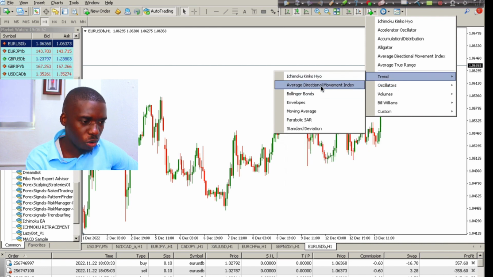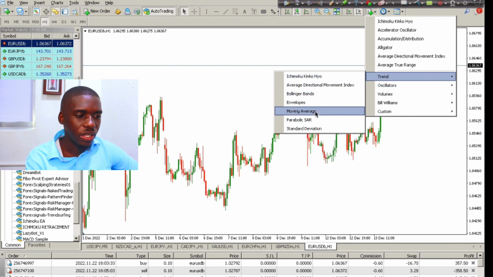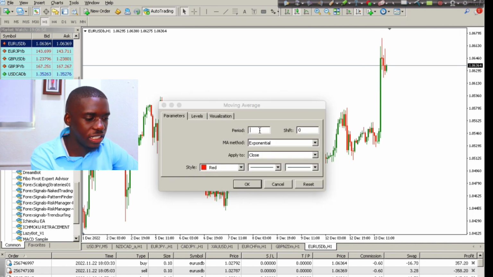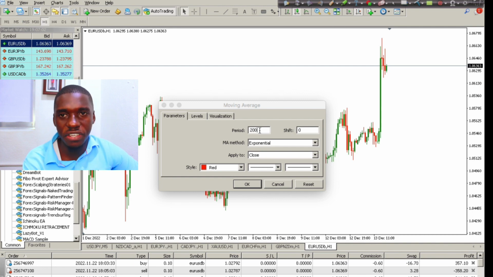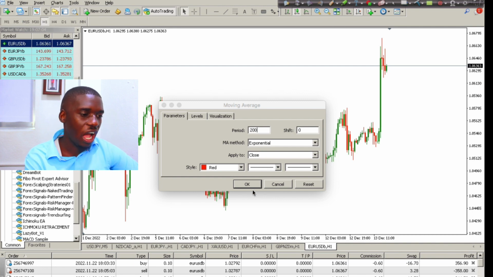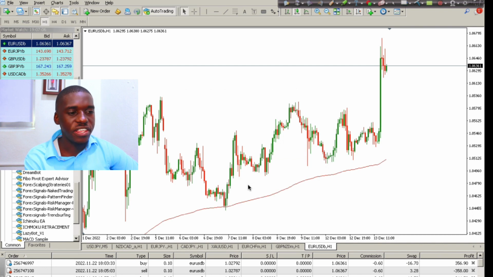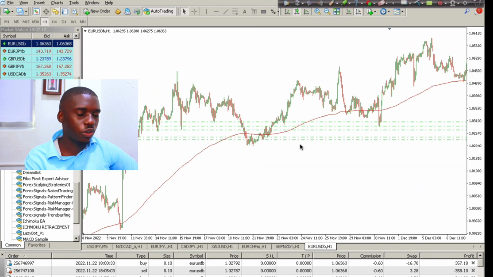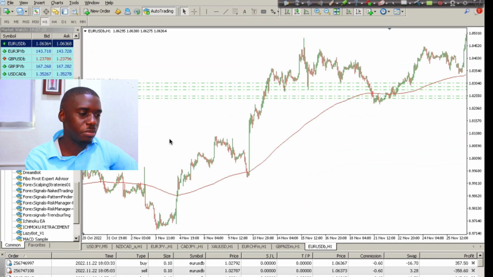For this case, I'm going to select the period of 200, and of course you always need to make sure that you put in the right period of what you want while using this indicator. As you can see, it works as a support. Let me reduce here so you see the way this trend has been moving.